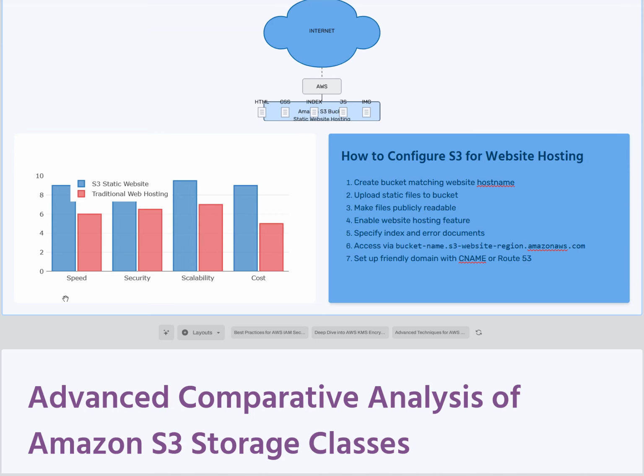So how do you configure S3 for website hosting? Create a bucket matching the website host name. Then upload the static files to the bucket. Then you have to change the security to make the files publicly readable through the web.